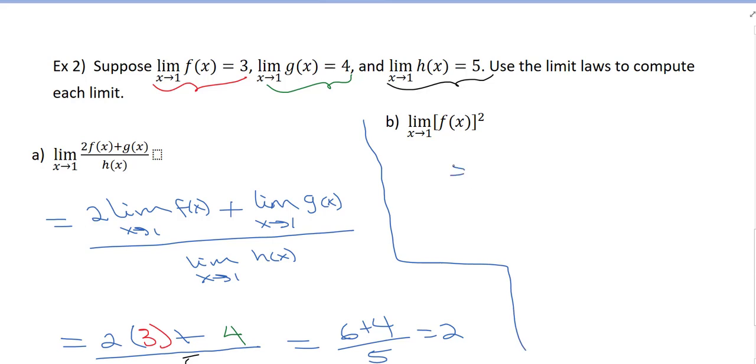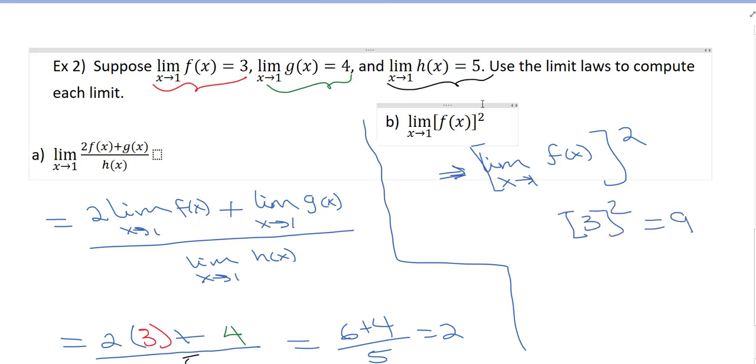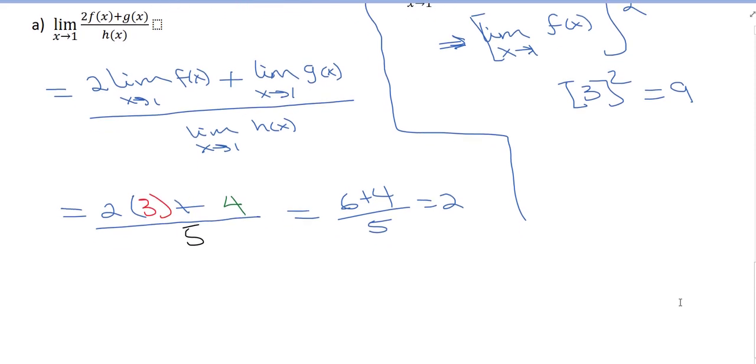So this I can say is the limit as x goes to 1 of f of x, and then the whole thing squared. The limit as x goes to 1 of f of x, we're told it's 3. So this is 3 squared, which is 9. So that's a little bit of using the laws of limits.